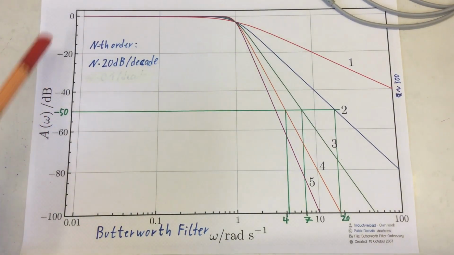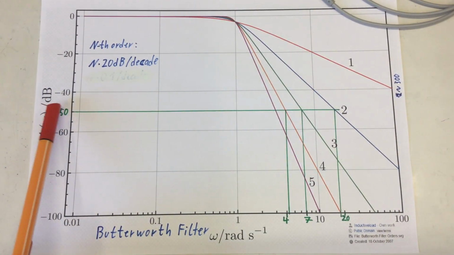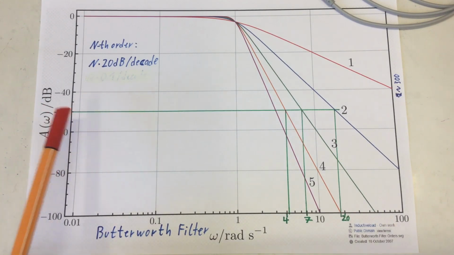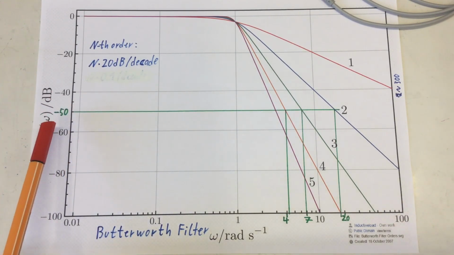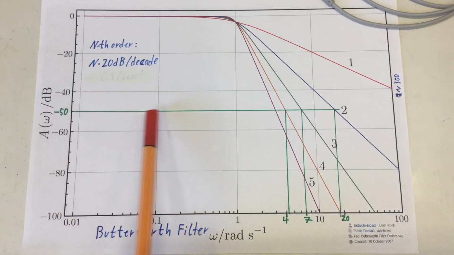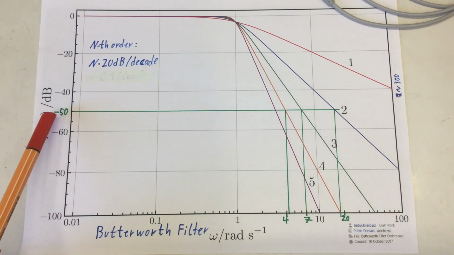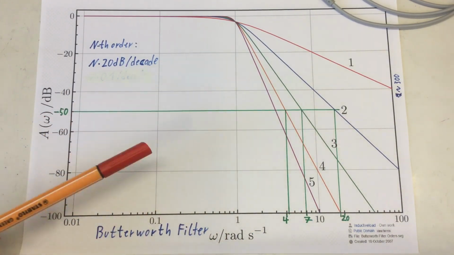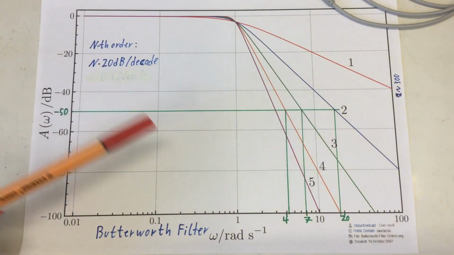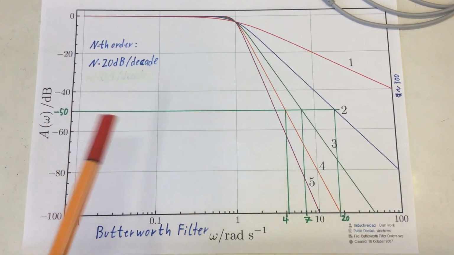The second important value on the y-axis is the attenuation we want for our PWM frequency. And I've drawn in here a line at minus 50 dB, which is near enough to the minus 48.2 dB, which we previously calculated.